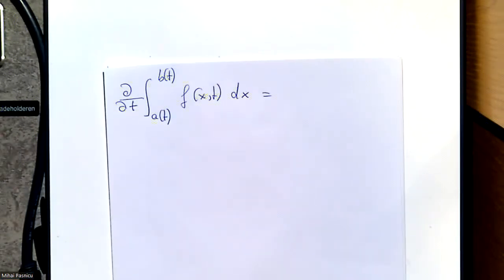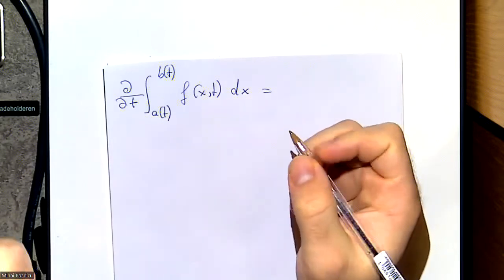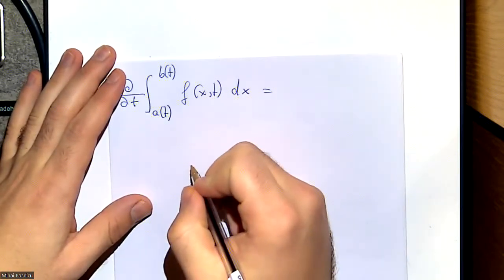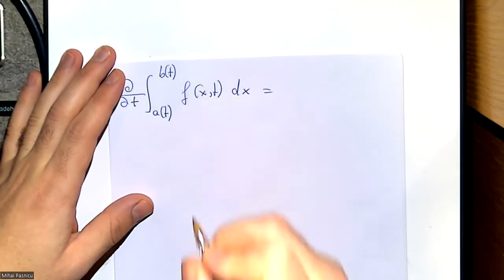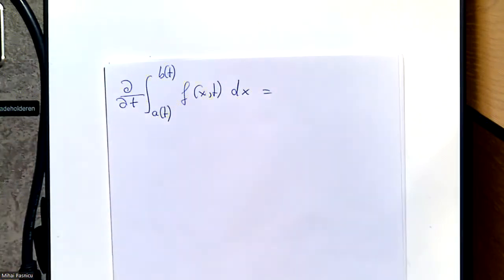One way to memorize it is how we write f of b minus f of a. Let's write the formula actually. I'll write the formula right in front, and then I'll give you some intuition of how I memorize it.